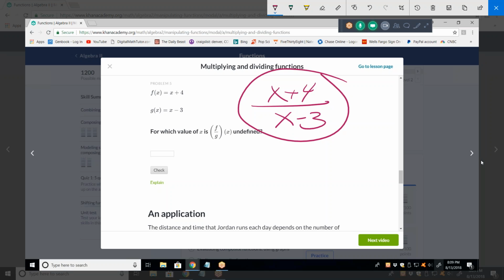What makes that undefined? You can't simplify it anymore. No, that's true. But what makes it undefined? What's a value for x that you cannot ever let x be?